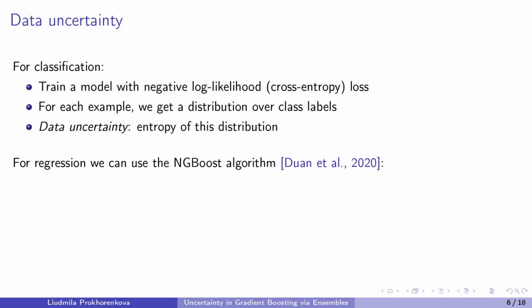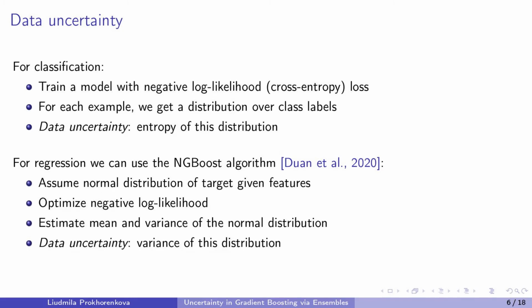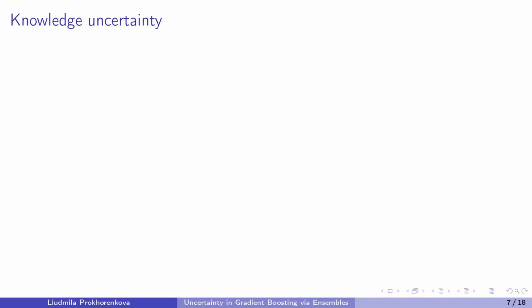This problem was recently addressed in the NGBoost algorithm. To estimate data uncertainty, we can assume the normal distribution of the target conditioned on features and optimize the negative log likelihood. This will give us estimates of mean and variance. The variance of this distribution is data uncertainty. Now we know how to estimate data uncertainty.